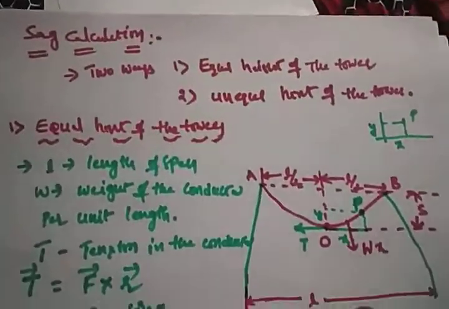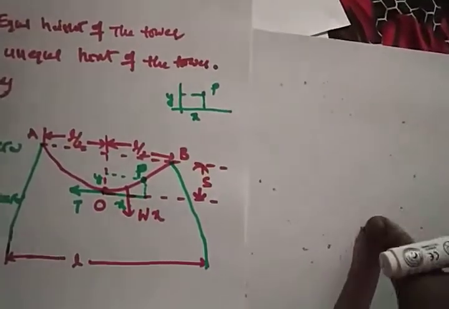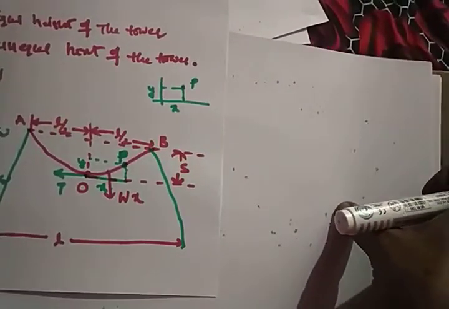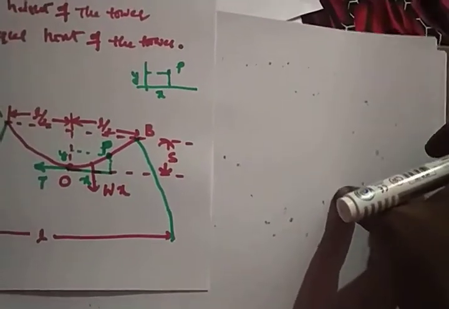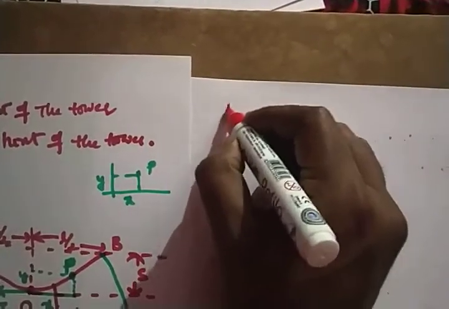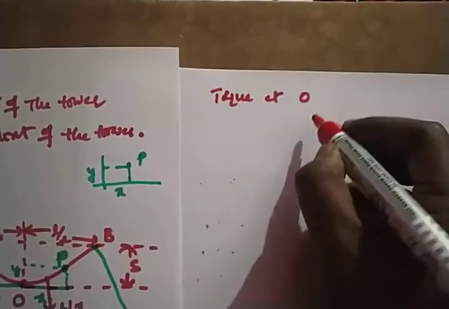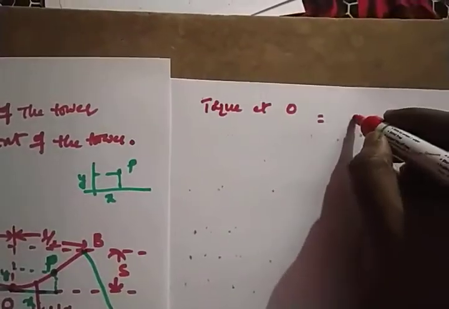If you equate the torque, at the point there are two forces, so two torques exist, and those two torques are equal at any point, right? So you equate them. The first torque at point O: what is the force value?